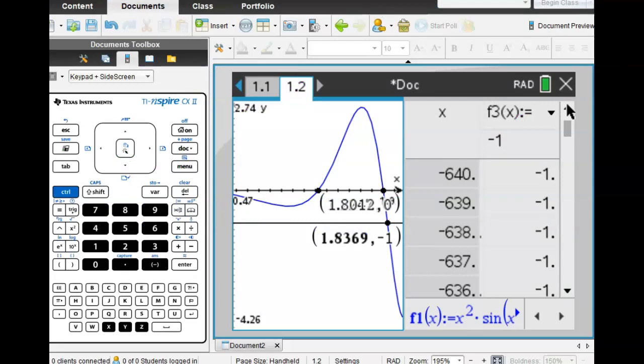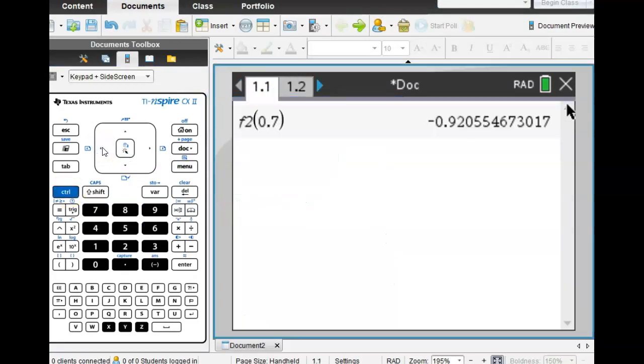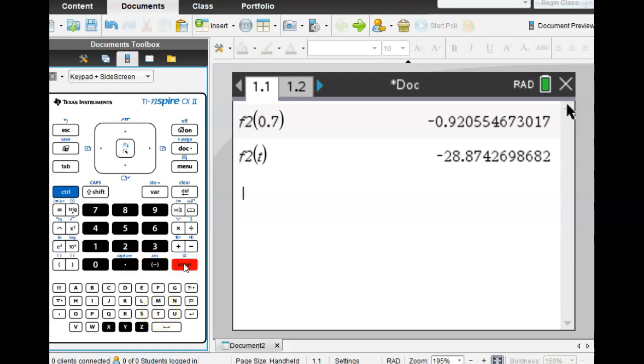It's in F2. So I'm going to go back over here, and once again I want F2 of T, my stored value, which was T, or whatever you want to call it. And there you go. That's rough, right?